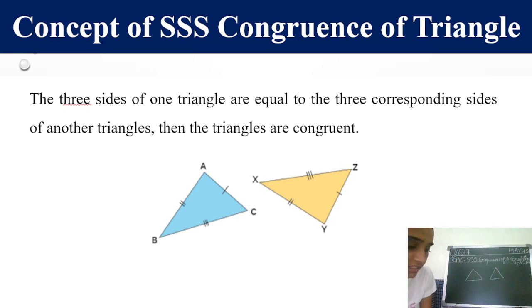Now how can I say that these two triangles follow the SSS congruence? They have three sides, right? So we can say that AB is corresponding to PQ, BC is corresponding to QR, meaning it is equal, and AC is corresponding to PR. So these two triangles are congruent by SSS congruence.